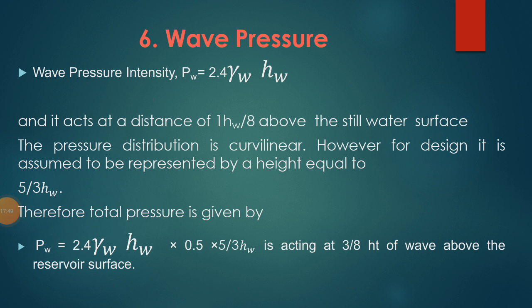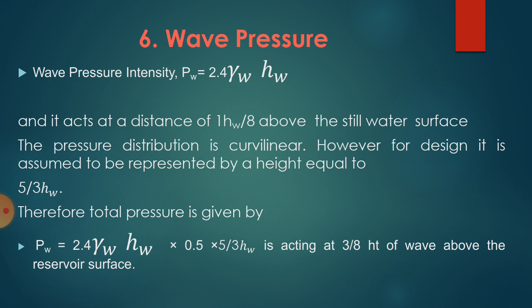Now wave pressure intensity can be found out with the formula Pw = 2.4 γw hw, and it acts at a distance of 1/8 of hw above the still water surface. The pressure distribution is curvilinear, however for the design it is assumed to be represented by a height equal to 5/3 of hw.